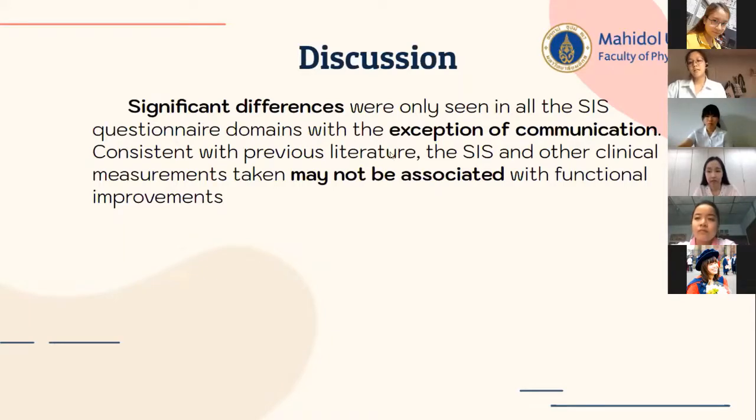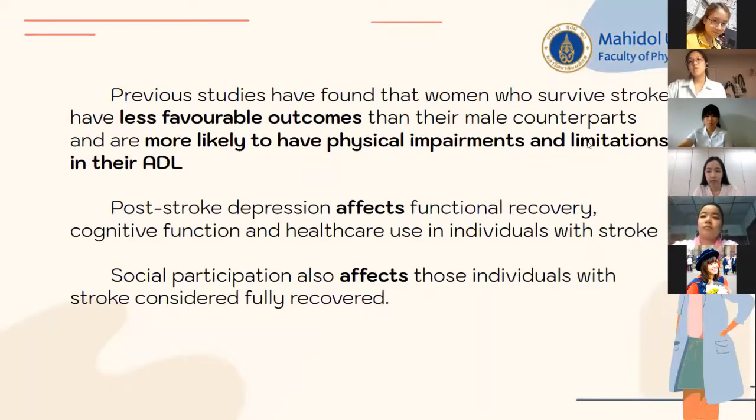Previous studies have found that women who survive stroke have less favorable outcomes than their male counterparts and are more likely to have physical impairments and limitations in their ADL. Post-stroke depression and social participation may affect functional recovery, cognitive, and function in individuals with stroke.